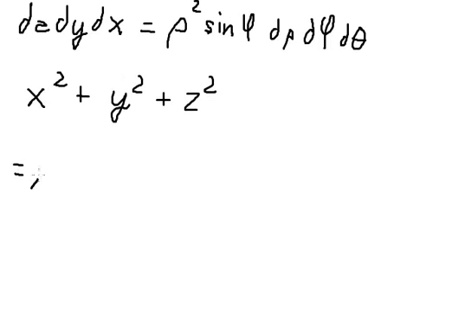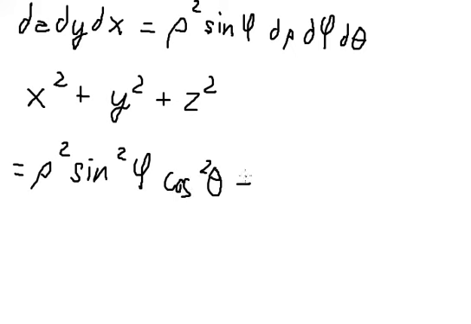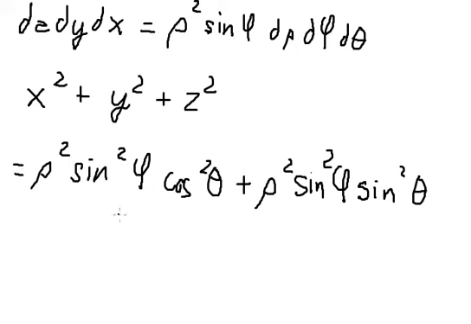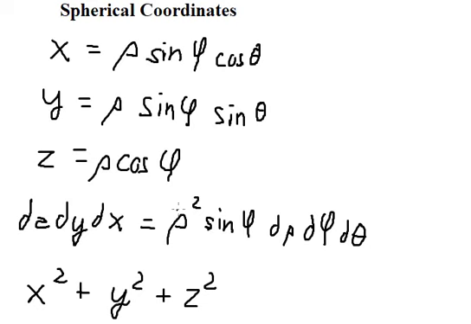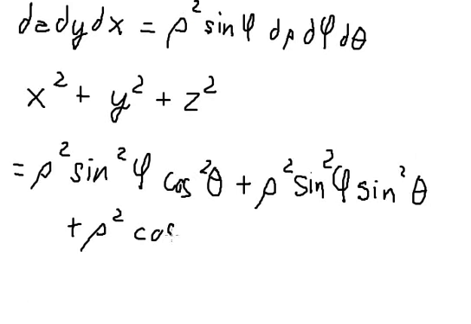So we have rho square sine square phi cosine square theta plus rho square sine square phi sine square theta, and the last one, rho square cosine square phi.